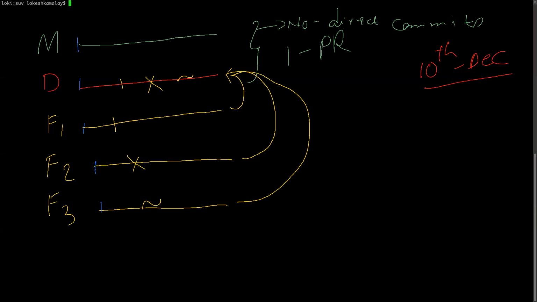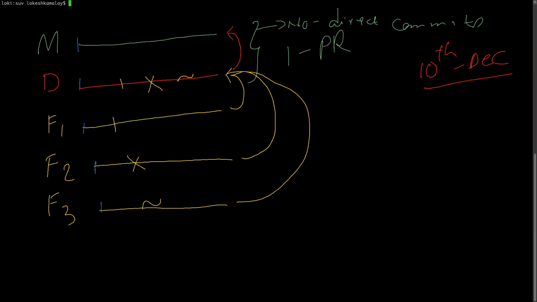Once these are ready, on the day of the release, or maybe two days before, they put a pull request from the development branch to the master, and then they make the change live.